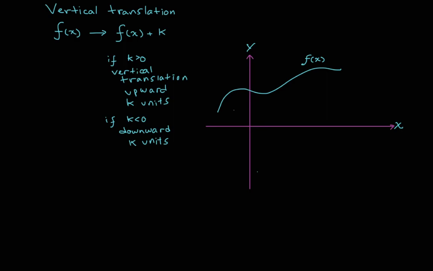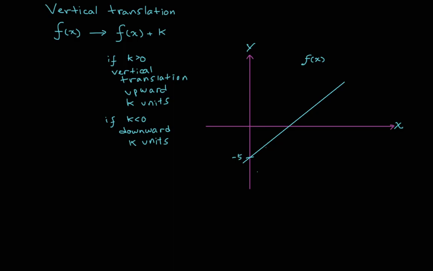So what might be a function that we're familiar with? Well, maybe an easy one would be a linear equation. So, for example, let's draw a line here. I might have this line going like that. And let's say this line is crossing the y-axis, it has a y-intercept of maybe -5.